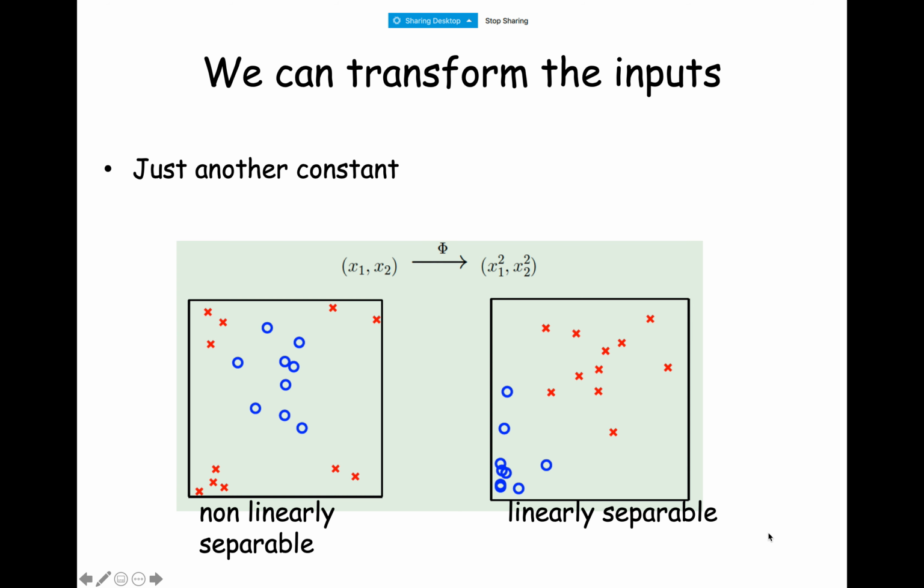So if the blue points are closer to the center, that means that when you compute x1 squared, x2 squared, the values of those points are going to be closer to the origin. Now, in this transformed version, the origin is here in the lower left corner. So we're changing the geometry. This is basically a polar transformation, such that points closer to the center have smaller values for each of those features, right?